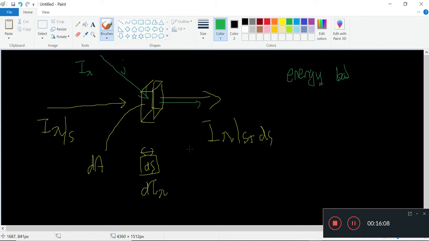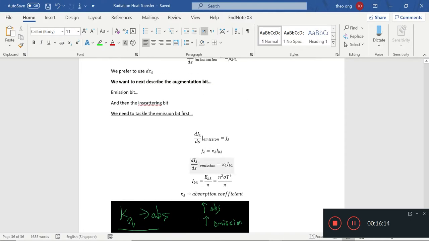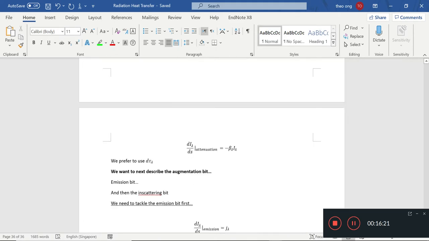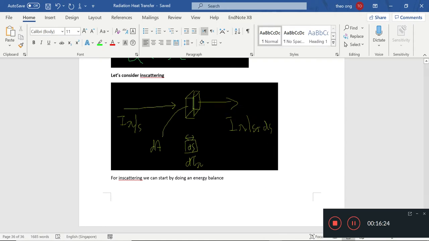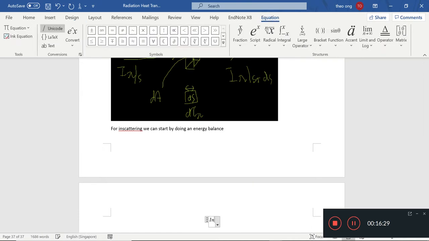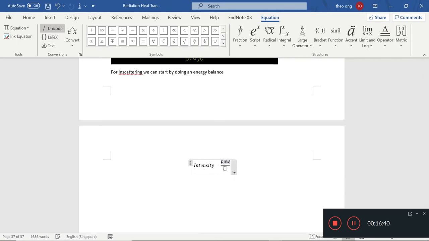We'll start from the very basics. Let's start from what intensity is: power per unit normal area per unit solid angle.